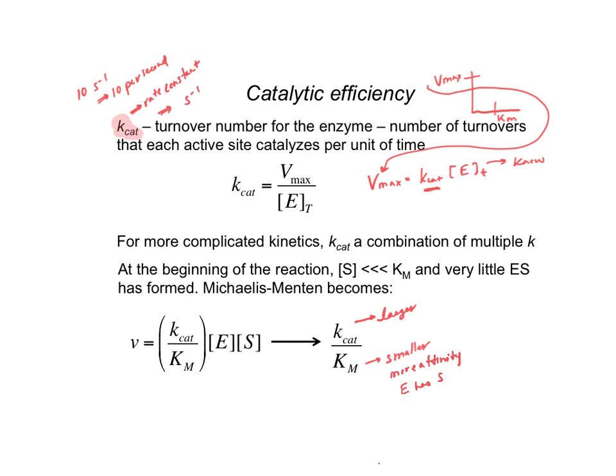So high affinity and a very fast rate constant is going to lead to a very large ratio of Kcat to Km. All right, so we're going to be able to utilize this ratio as a measure of overall enzyme efficiency and specificity. Okay, so this Kcat to Km ratio, the larger this is, the more efficient and more specific the enzyme is for substrate, okay?